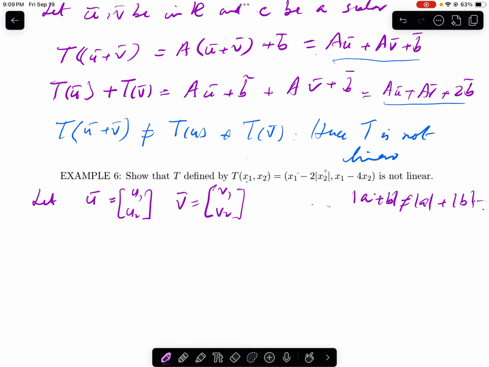Now u plus v is equal to (u1 plus v1, u2 plus v2). T of u and T of v, that's what we are going to find now.